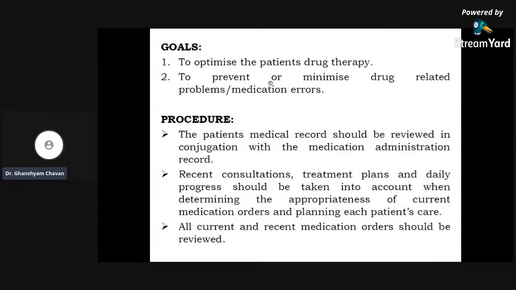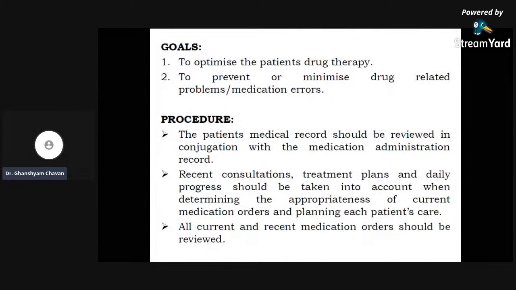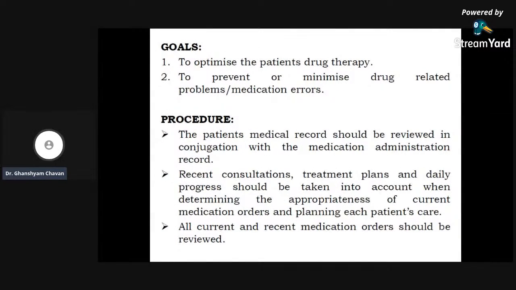The second is to minimize drug related problems and medication errors, because we will select the drugs which have fewer side effects, less toxic effects, and more efficacy. Accordingly, we are minimizing the chances of medication errors, drug interactions, or adverse drug reactions. In this fashion, there are two goals.